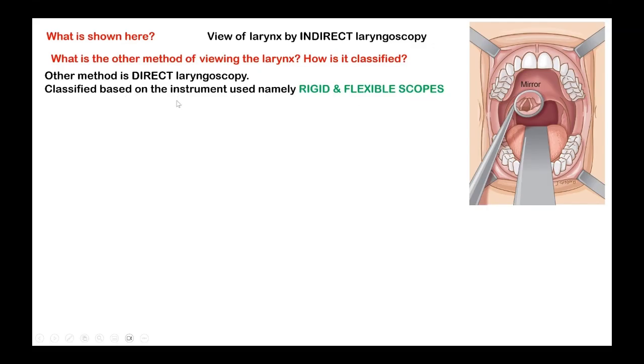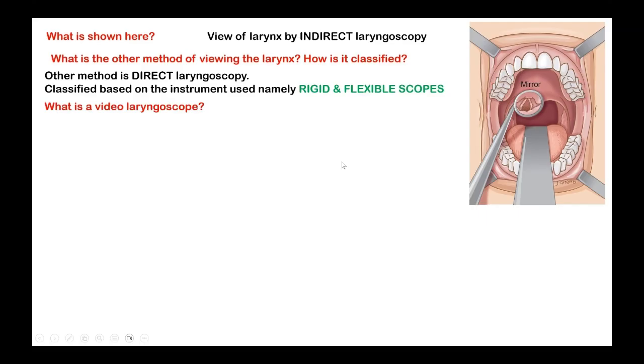Classified based on the instrument you use: mainly rigid direct laryngoscopes like your Macintosh, Miller blade, all rigid blade laryngoscopes. If you use a fiber optic or a video assisted laryngoscope, it's a flexible scope.